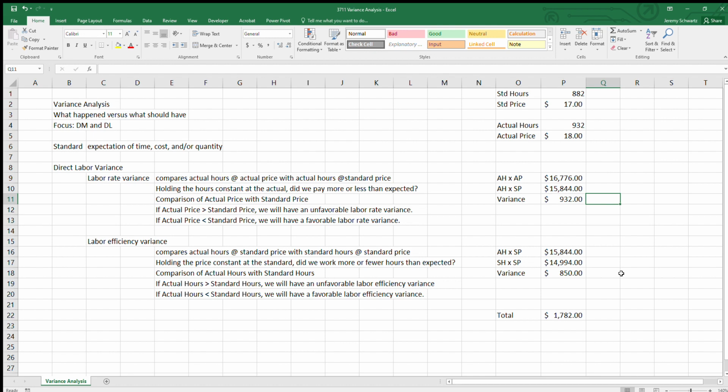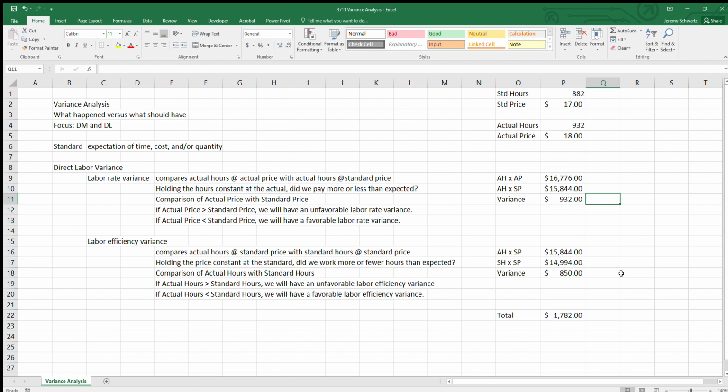So that's why it's important to be prudent when you're setting up the standards. Is this a reasonable standard? If it is indeed a reasonable standard, then this is something that we should hold them accountable for. If the standard is that we should be spending $17 an hour on this production, why was it $18?